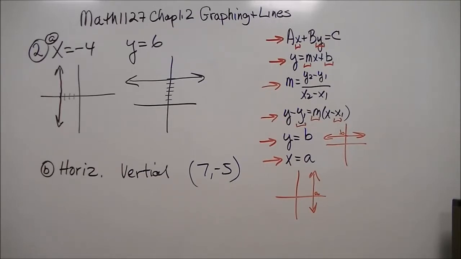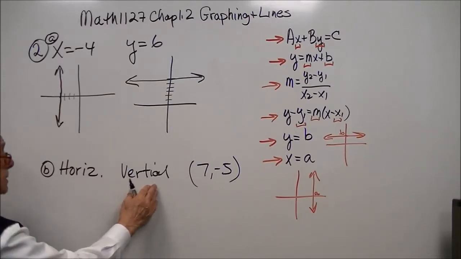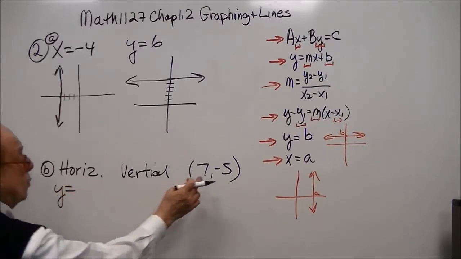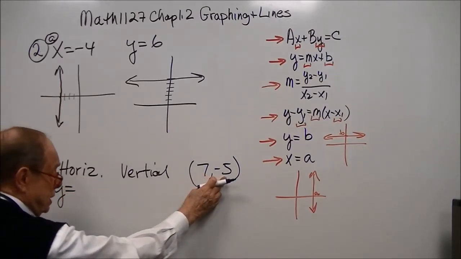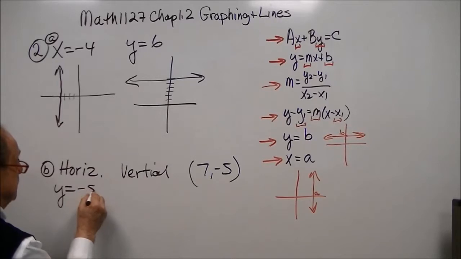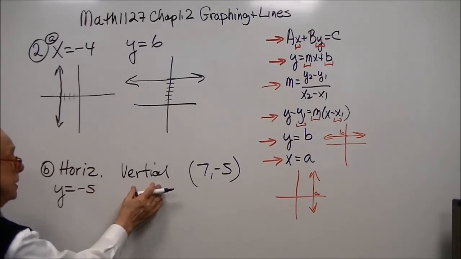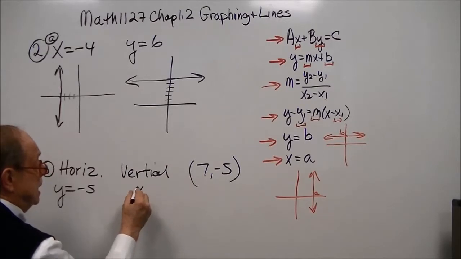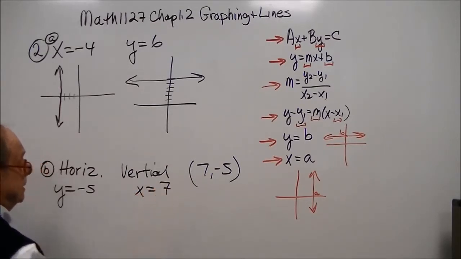Now, in this next part, part B, they want us to draw horizontal lines and vertical lines through this point. Well, horizontal, remember, would be y equals whatever your y coordinate is, -5, and a vertical line would be x equals whatever your x coordinate is, 7.